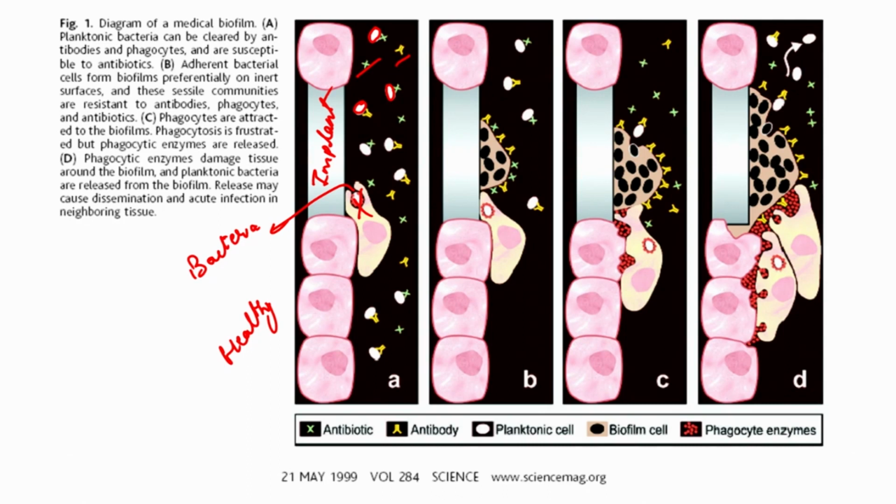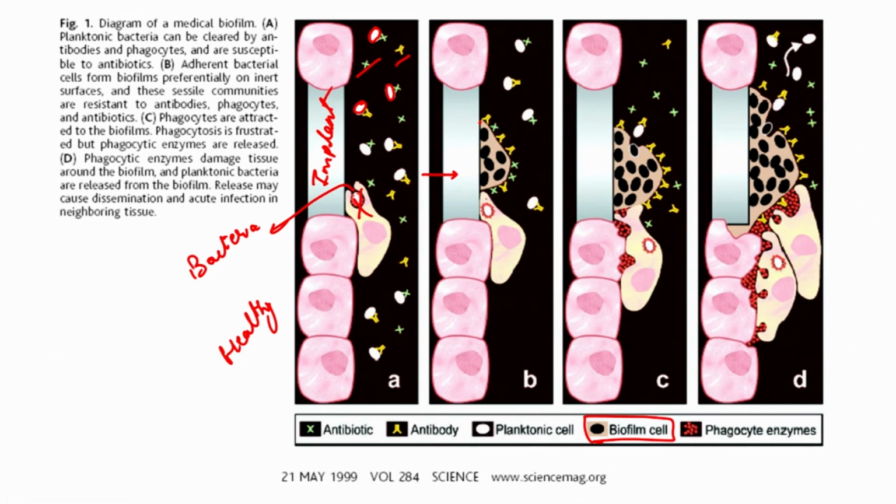However, once this bacteria starts to colonize and rapidly form a biofilm, so now you have this biofilm being formed. Here is your biofilm cell. Now that this biofilm is being formed, it is too big for this immune cell to take up. It can take up one or two bacteria, but it can't take up a whole community which could be even bigger than the size of this cell.